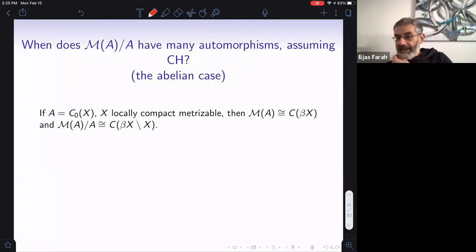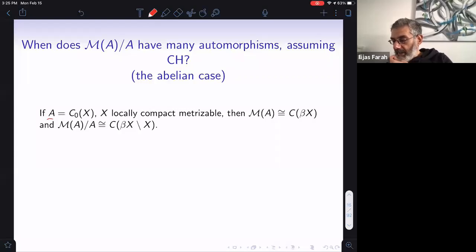So when does the corona of A have many automorphisms, assuming the continuum hypothesis? Let me look at the abelian case. This is a case that has been studied independently from C-star algebras by topologists for quite a while. It is much better understood what is going on here. So what do we have?